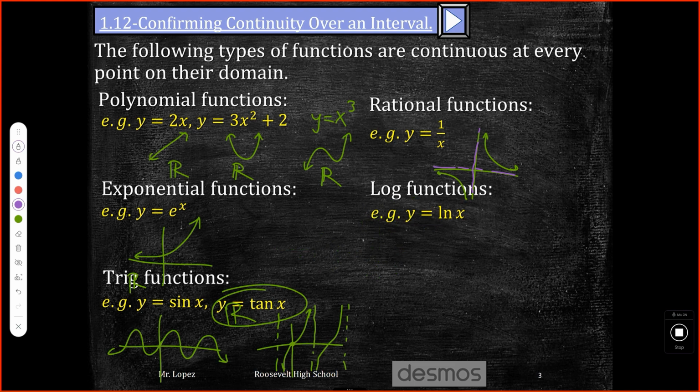Natural log function, any kind of log function, goes something like this. Then it has a vertical asymptote here at x equal to 0. So it will never cross here. So it's continuous on its domain, but not on the reals, because it doesn't exist here.